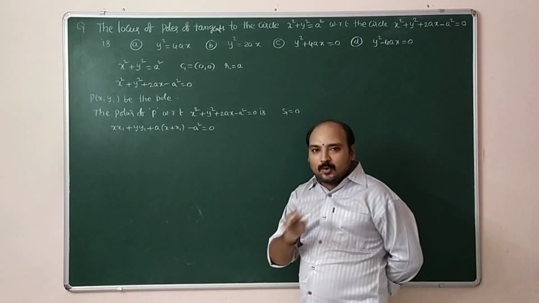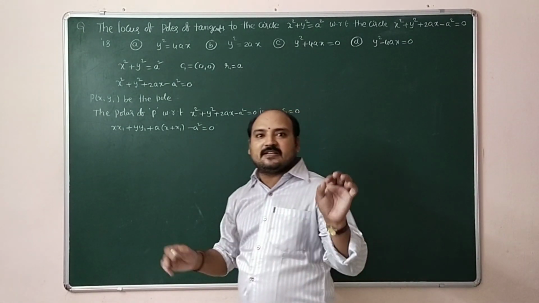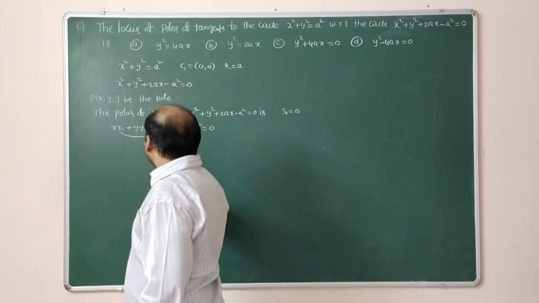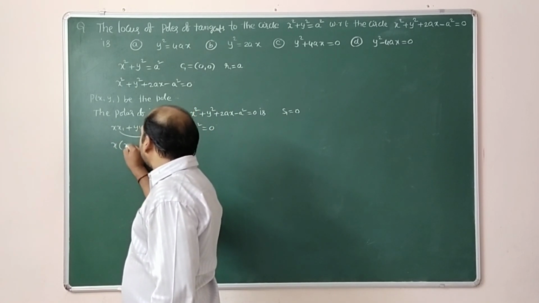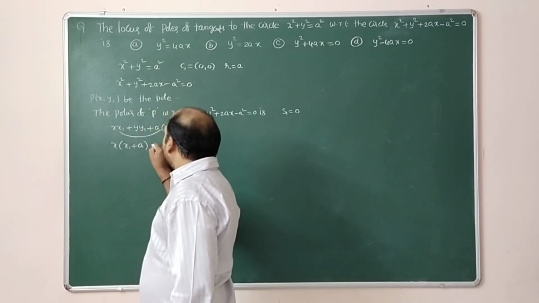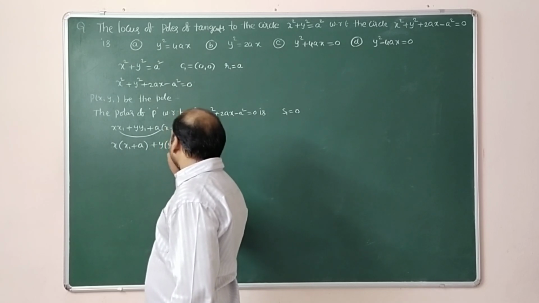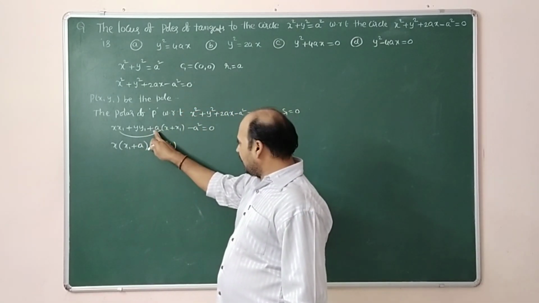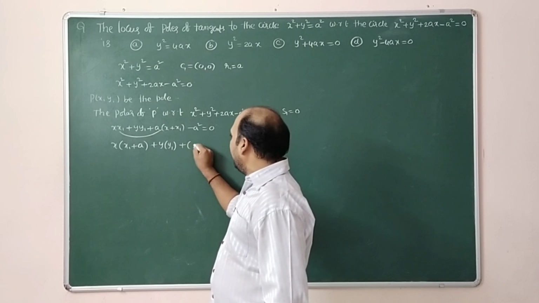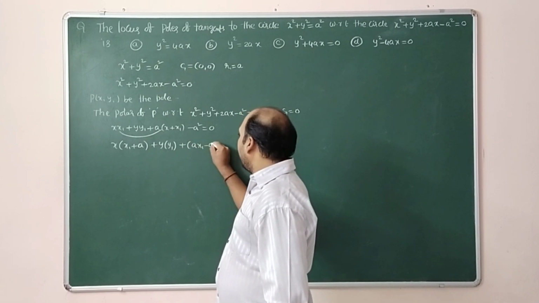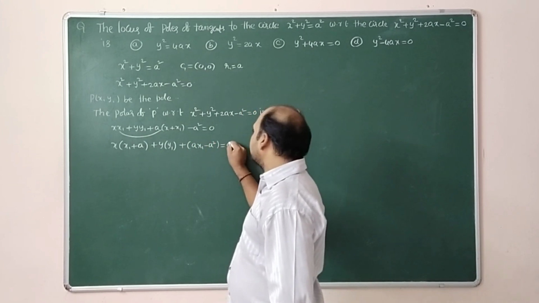This equation you have to write in the form ax + by + c = 0. From these two, take x common: x(x1 + a) + y·y1, and after that ax1 − a² = 0.